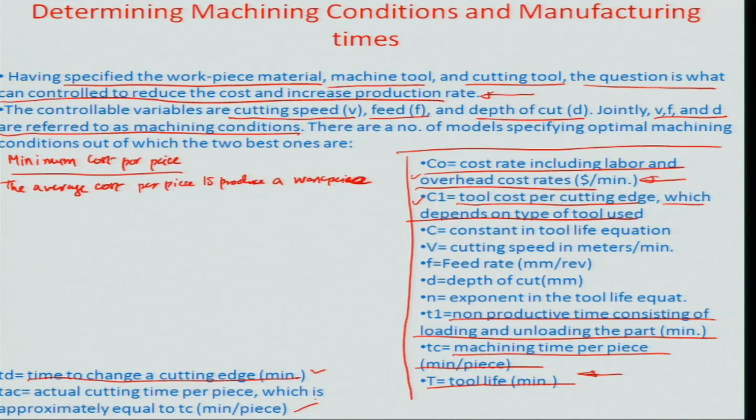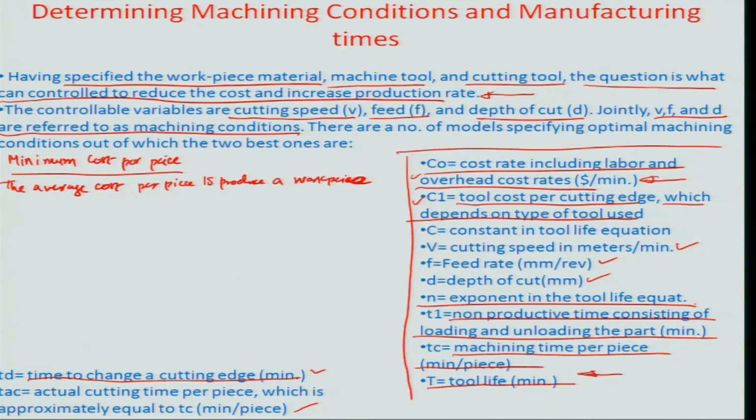So what are the parameters which are to be optimized? Obviously the cutting speed in meters per minute needs to be optimized, the feed rate needs to be optimized, the depth of cut needs to be optimized. We know there is an exponent n which is related to the tool life equation, the Taylor's equation, and so forth. So we have given all these constraints now.